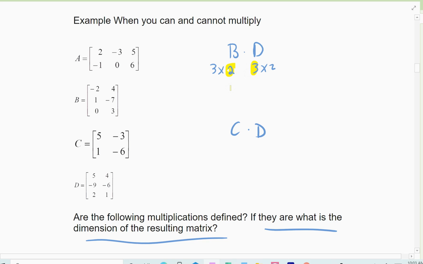Even though they're the same size, I could add them, but I cannot multiply them. If I were trying to multiply them, my row in matrix B only has 2 numbers, my column in matrix D would have 3 numbers, and so I'd run out of numbers. There's nothing to multiply that 2 by. Once I multiply the 2 by the 5, the 4 by the 9, I ran out of numbers. And so I cannot do this.